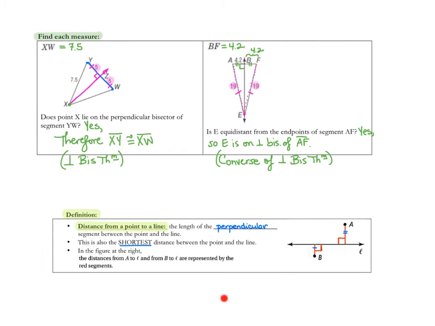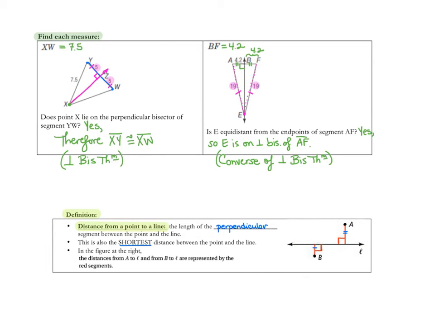Okay, for the next two theorems, you're going to need to know another definition that we haven't talked about yet. So in this diagram here, it's showing you a line L, and there's a point B and there's a point A. Now, in order to talk about the distance that point A is away from line L, imagine that you're standing somewhere in the classroom, and this is the front wall of the room.